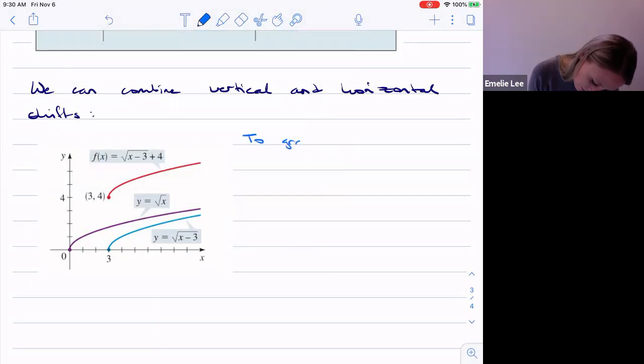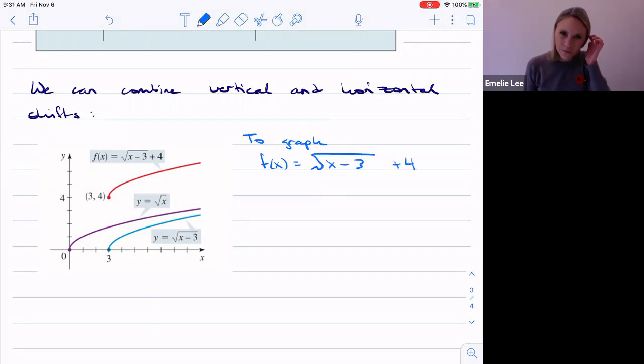To graph F of X is the root of X minus 3 and then plus 4, what you do is you identify the core function, which is root X. Root X is what's been manipulated, and that's when it's really useful to know what root X looks like. So root X looks like this.